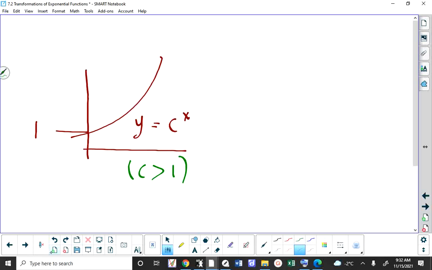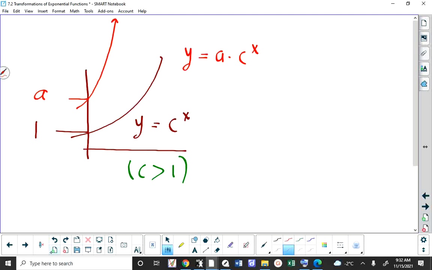We know that. So if I were to look at y equals some number times c to the x, assuming that number is greater than 1 as well, then what you're going to end up having is everything stretched vertically, and your old y-intercept of 1 will be multiplied by the vertical stretch factor.